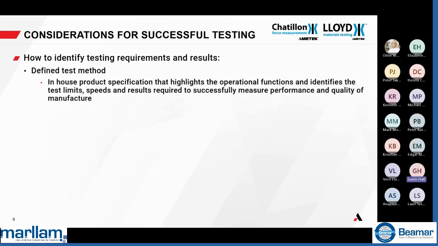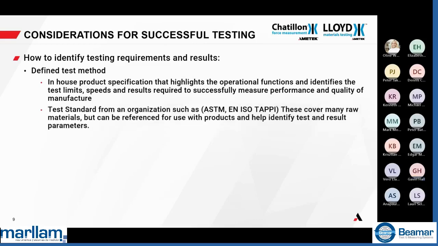Now this could be an in-house product specification that highlights the operational functions and identifies the test limits. Test limits are the speeds and the results required to successfully measure performance and quality of manufacture. A test standard, there are a number of organizations, ASTM, just an example, EN, ISO, TAPPI, and many, many more.